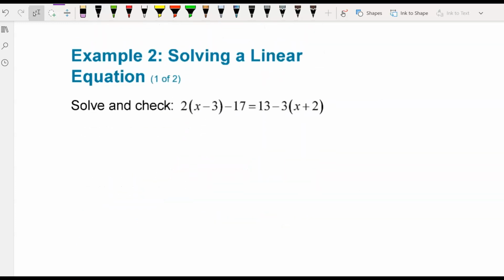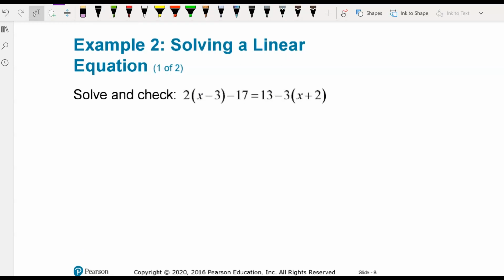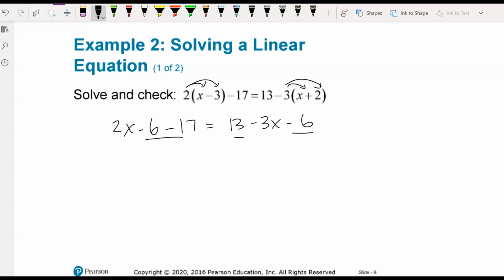All right. The next one, distribute first. So 2x minus 6 minus 17 equals 13 minus 3x minus 6. Combining like terms, 2x minus 23 equals negative 3x plus 7.